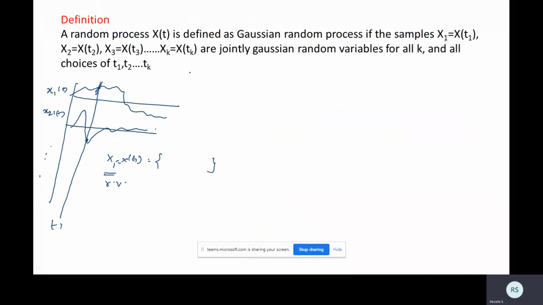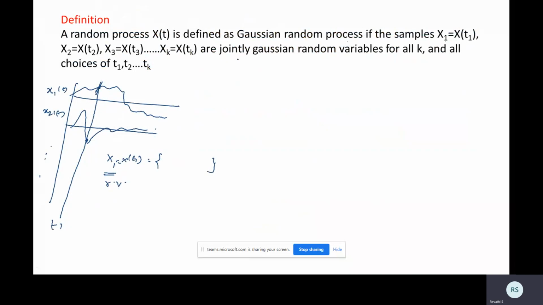If you take x1, x2, they should be jointly Gaussian. If you consider x1 alone, it should be Gaussian. If you take x1, x3, they should be jointly Gaussian. This is the definition of Gaussian random processes. It applies to both discrete time and continuous time random processes, so you can define discrete Gaussian random processes as well as continuous Gaussian random processes.